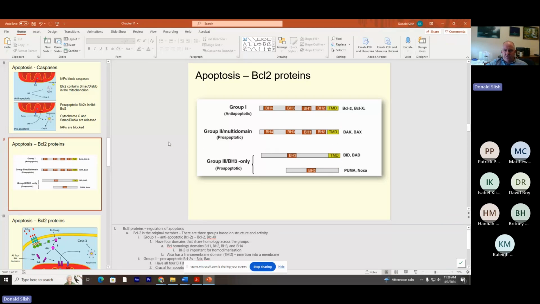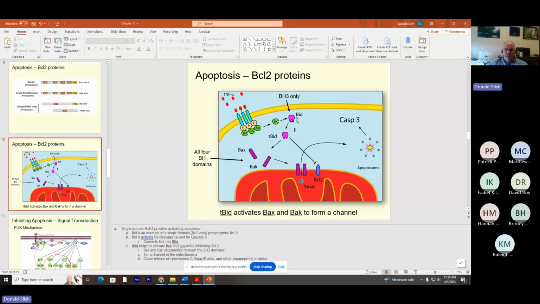How does BID get activated, and how does it cause apoptosis to start? So BID is self-inhibited here by a domain that blocks its activity. And when we get the death signal, in this case I'm using tumor necrosis factor alpha, TNF alpha then activates the TNF alpha receptor, which then attracts FADD and caspase 8.